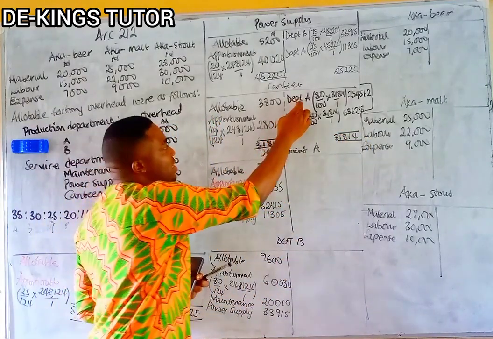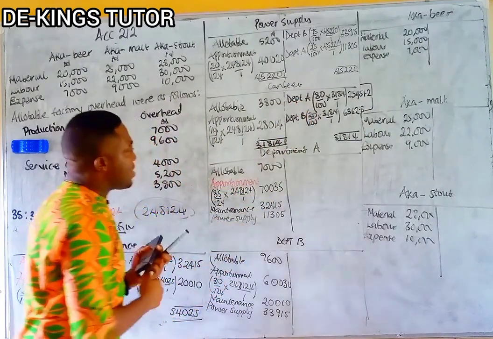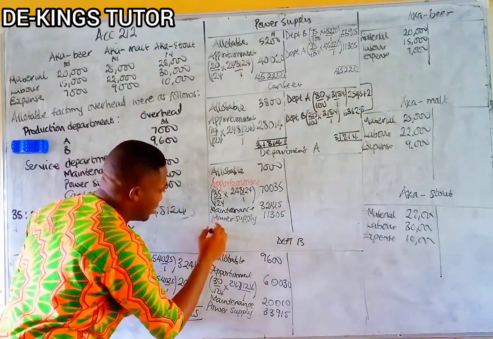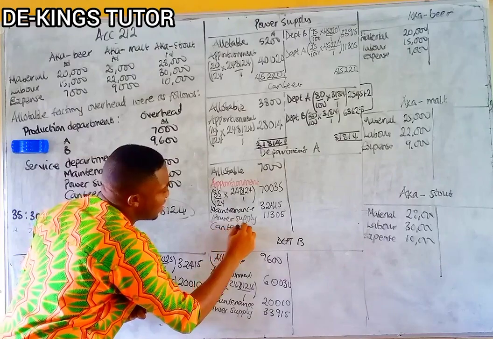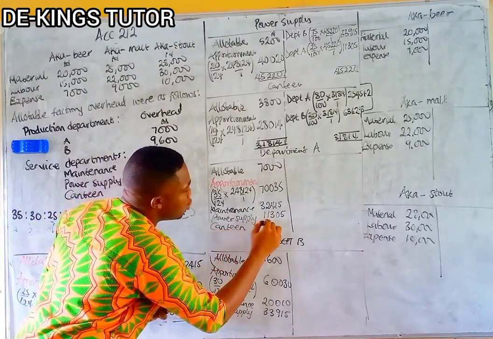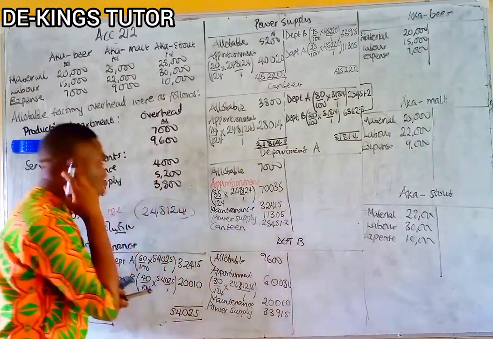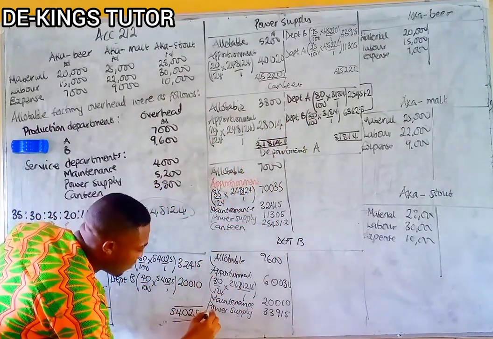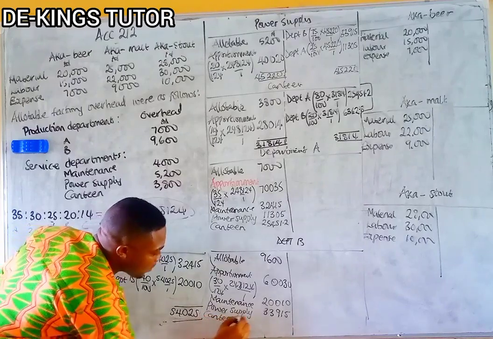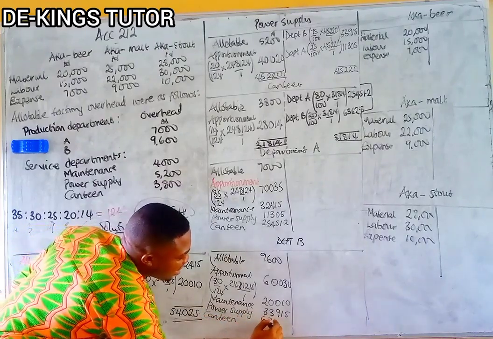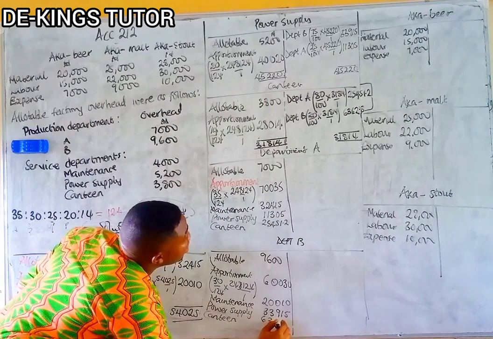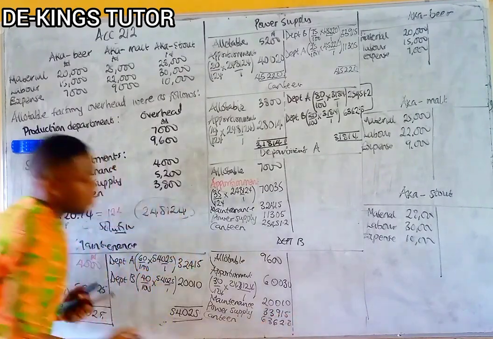So the same way, this is Department A, it comes here as canteen, right? So we have canteen 25451.2. Department B, we have also canteen 6362.8.